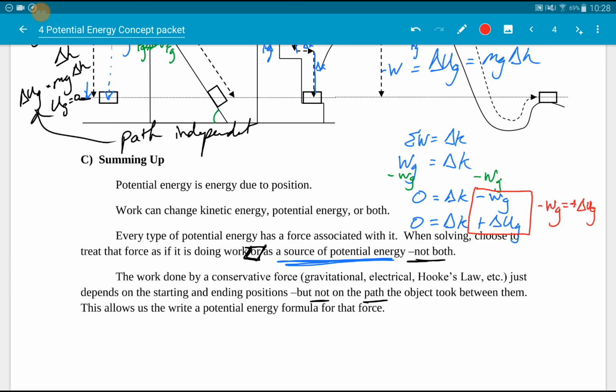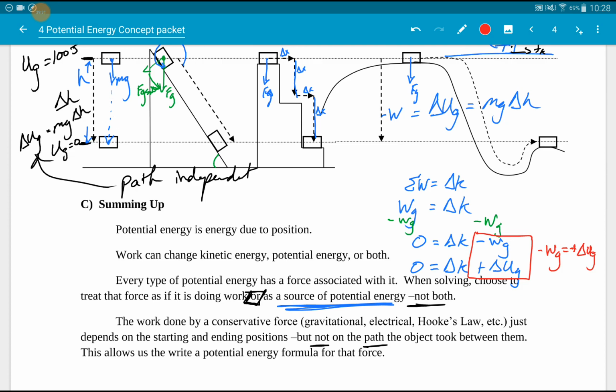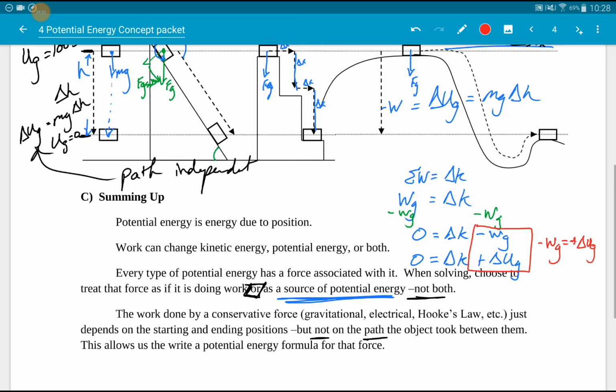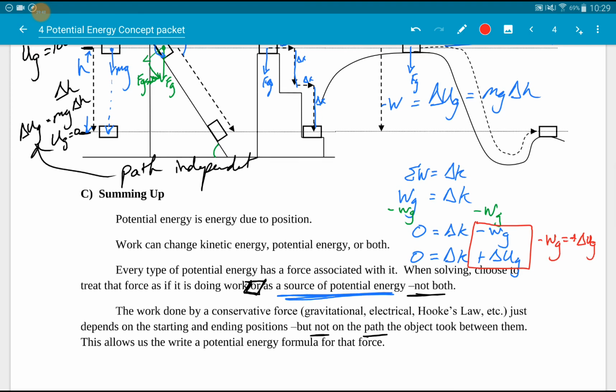The work is positive, I'm sorry, but then if we move it to the other side, we can see here that if I transform some sort of work into a gravitational potential energy, the sign flips because of our math rules there.